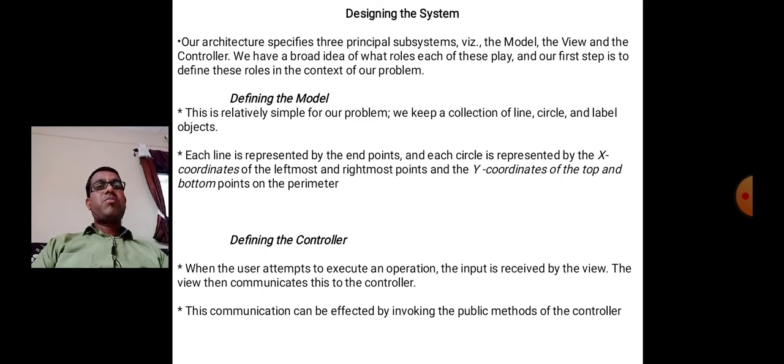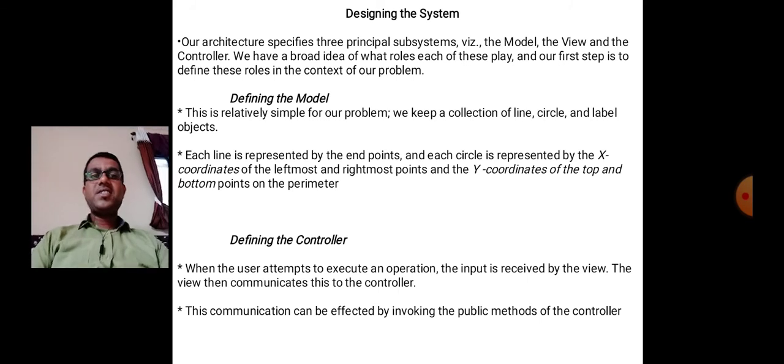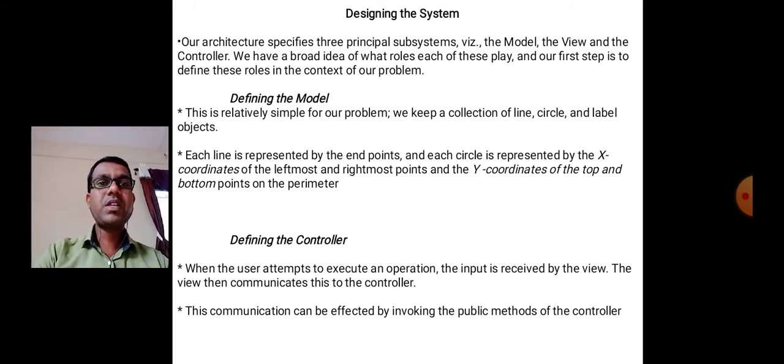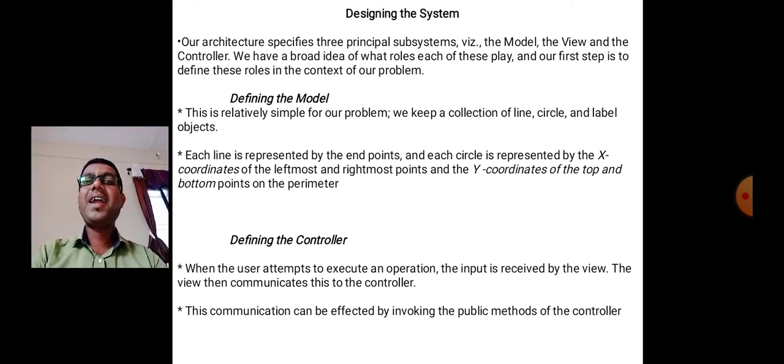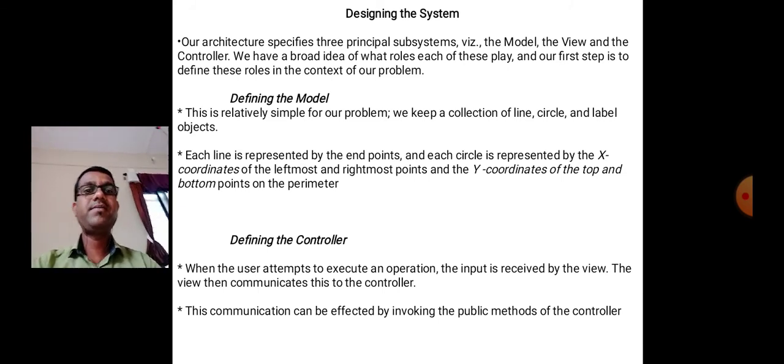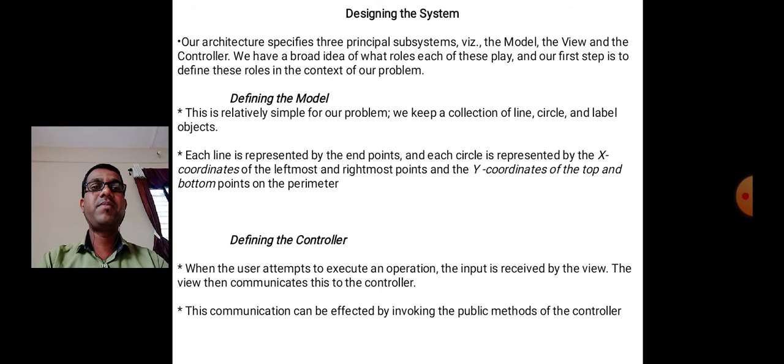So first is the model. This is relatively simple for our problem. We keep a collection of line, circle and label objects. Each line is represented by its endpoints, and each circle is represented by the x coordinates of the leftmost and rightmost points, and the y coordinates of the top and bottom points of the perimeter.